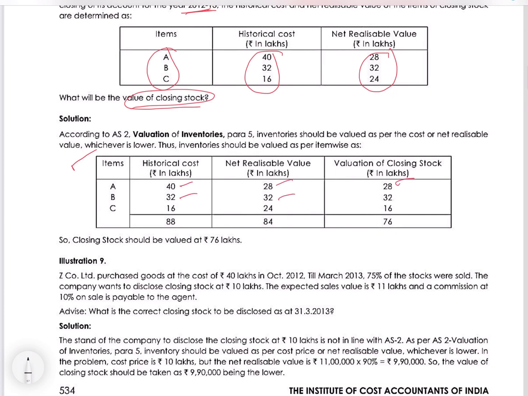Whichever is lower, we have taken as the valuation of stock. Then we can total it and say this is the value of closing stock, 70 lakhs. Okay.